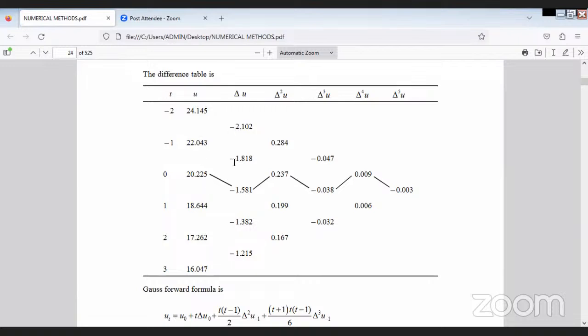These two values minus 1.818, these two minus 1.581, these two minus 1.382, these minus 1.215. I'm doing the tabulation work simultaneously here.